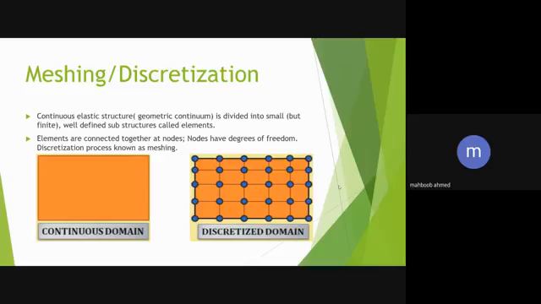Even in ANSYS there is an option to write codes for FEA analysis, but that is way too advanced at your level, so we are not going to discuss that. The most important thing in any FEA analysis is this meshing part or discretization.